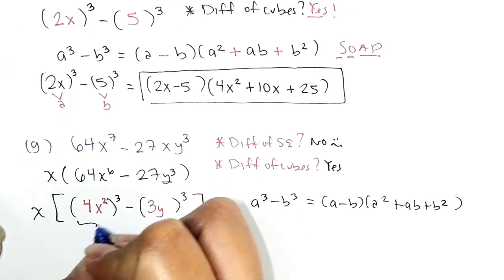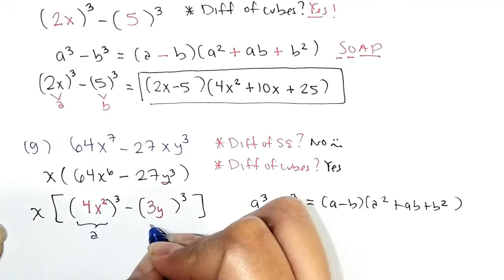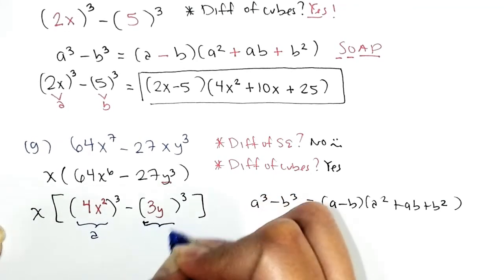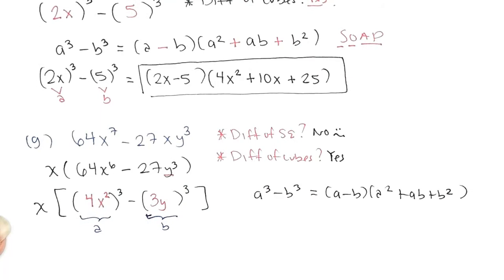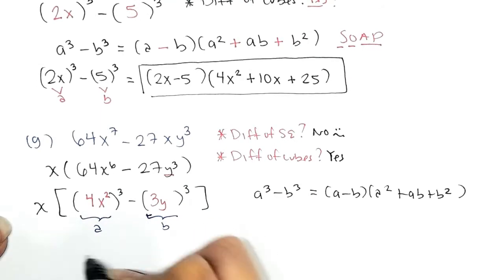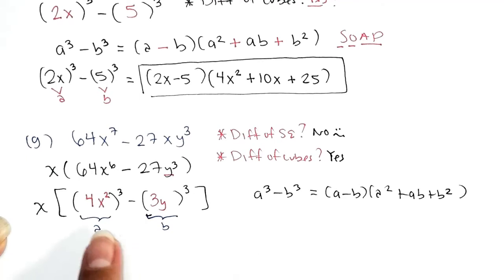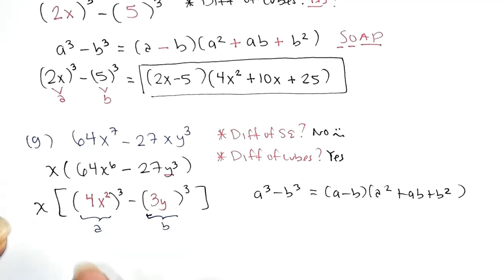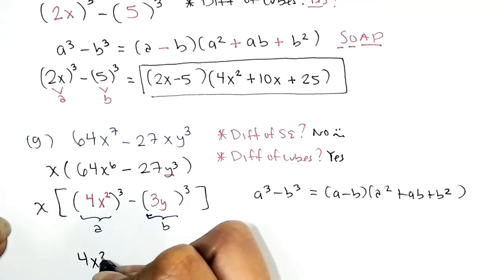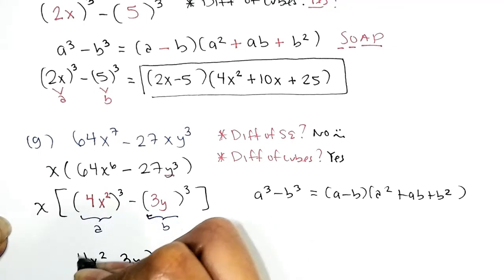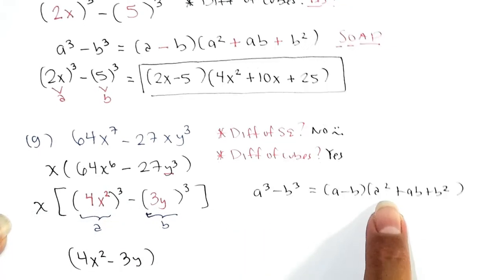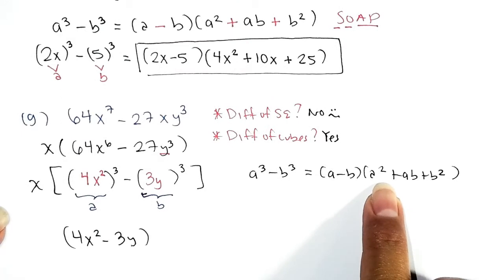The first base is a, so that's our 4x squared. The second base is b, so that's our 3y. So for the binomial factor, a minus b, that's 4x squared minus 3y. Times the trinomial factor of a squared plus ab plus b squared.